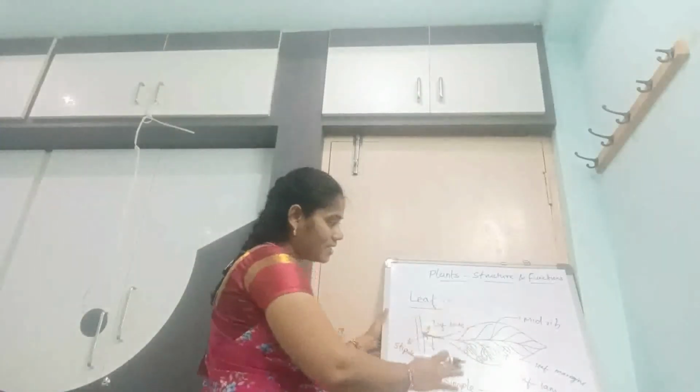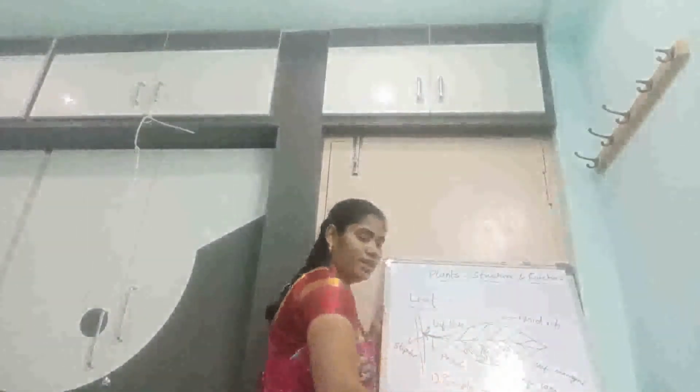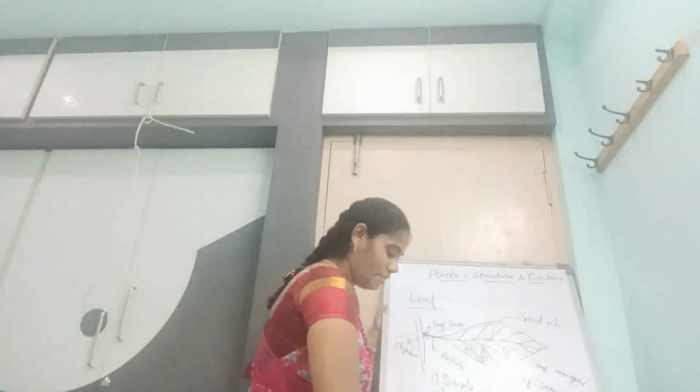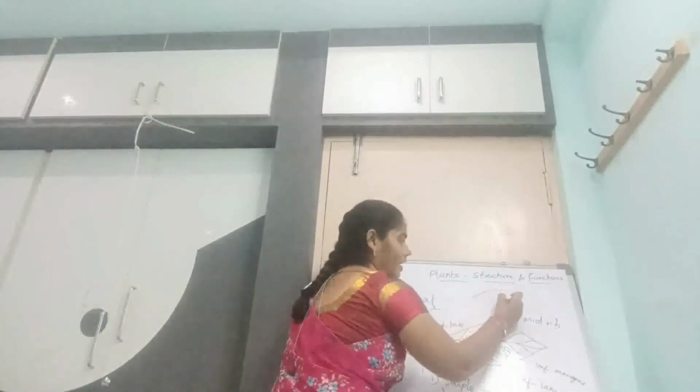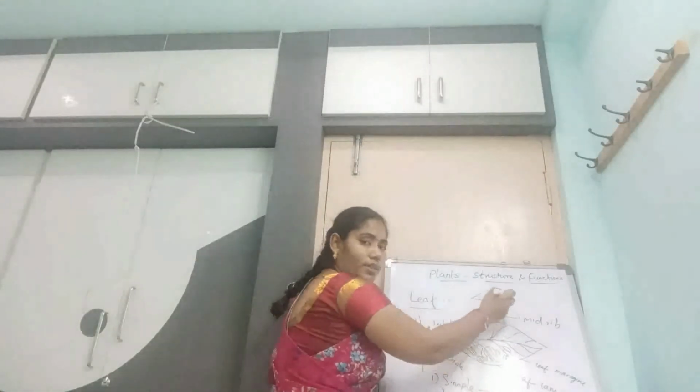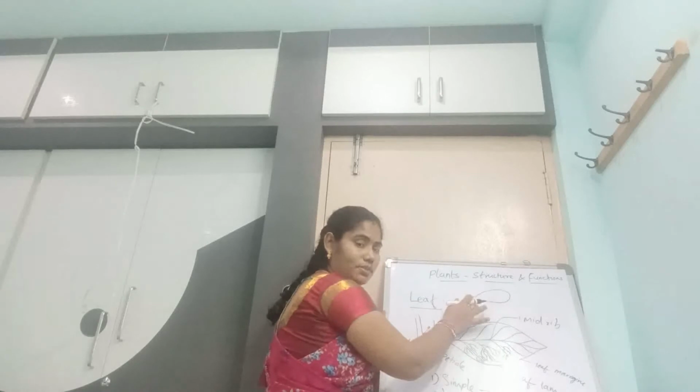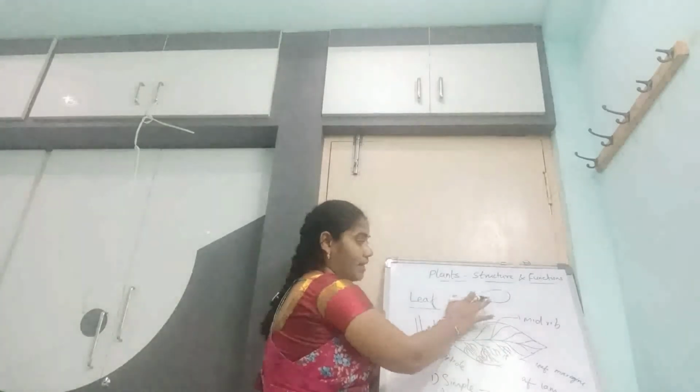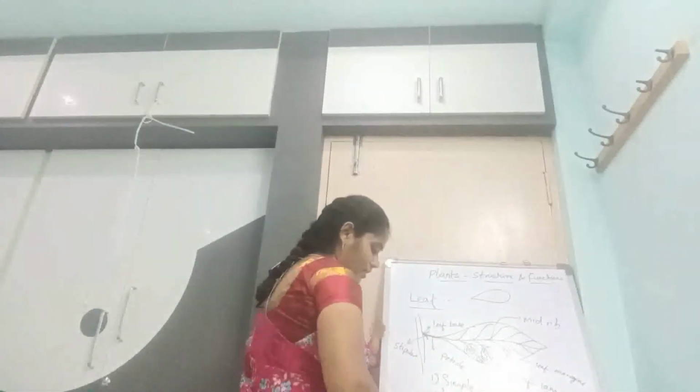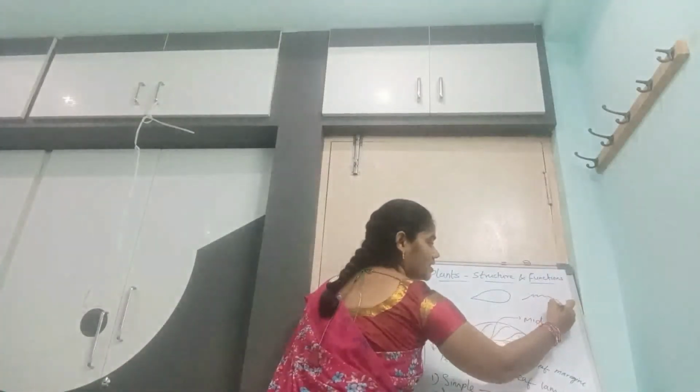And the margins are also very important, because some leaves have entire margins, where there are no ridges anywhere on the margin. Some are dentate margins. Dentate means having ridges like this.